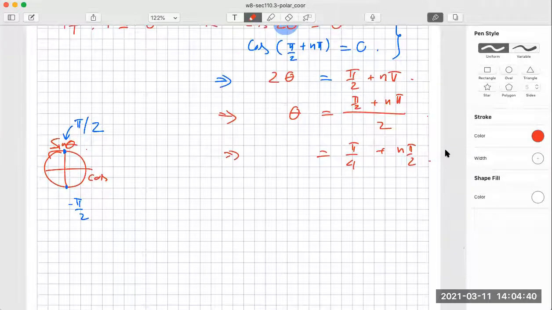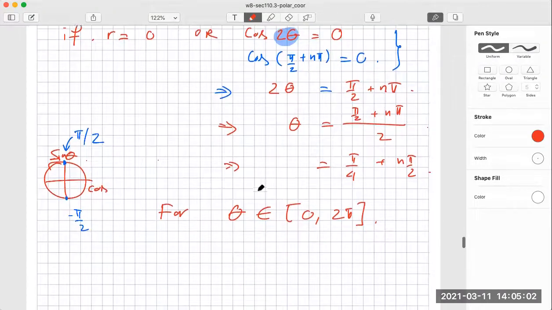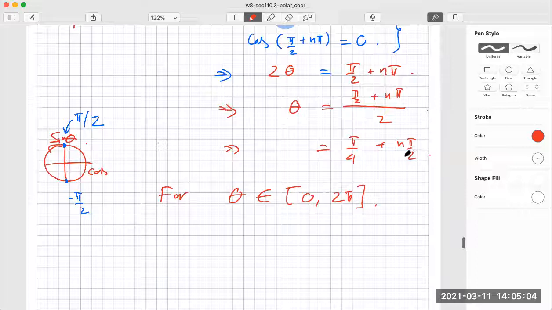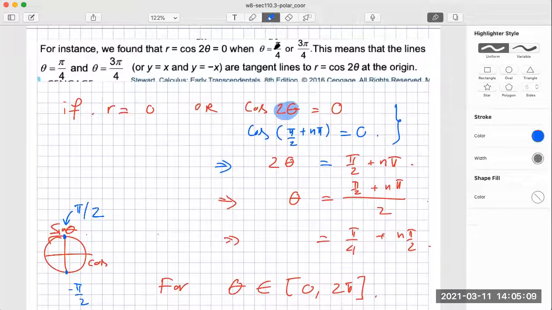So let us pick some special angles between 0 and 2 pi. Therefore, we found two values, right? The first one is angle pi over 4, which means when n is equal to 0. And the second choice would be theta is 3 pi over 4.